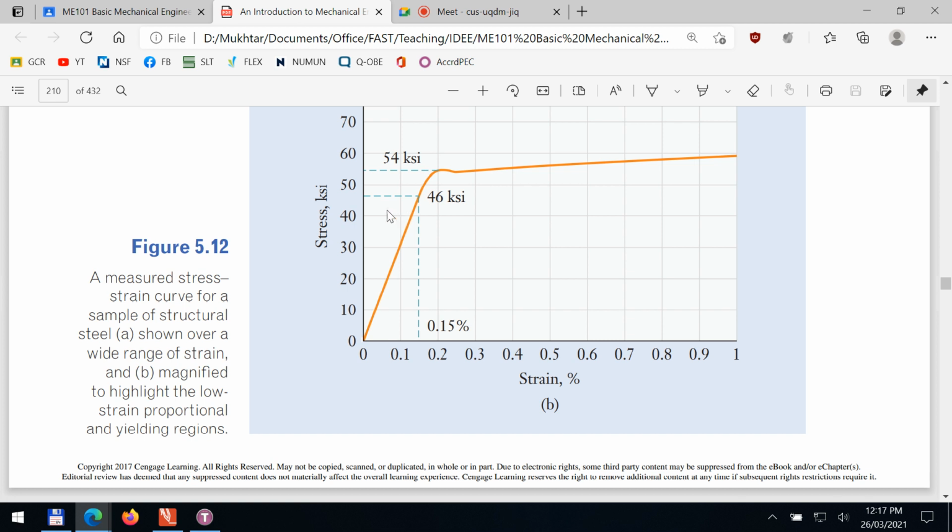We worked this out, yeah? E is the slope of this line, yeah? Is the slope of this line.